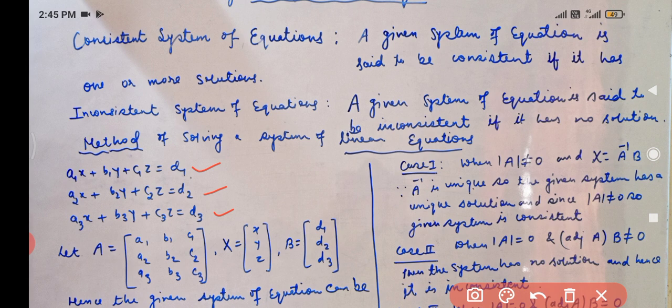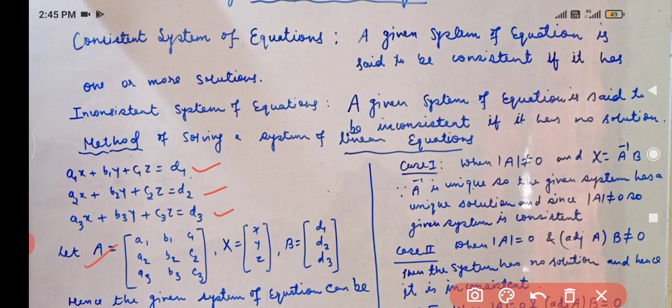And the elements of the second row we will collect from the second linear equation, and the elements of the third row we will collect from the third linear equation. So in this way, we first construct a matrix A and we put the elements a1, b1, c1, a2, b2, c2, a3, b3, c3 as matrix A.